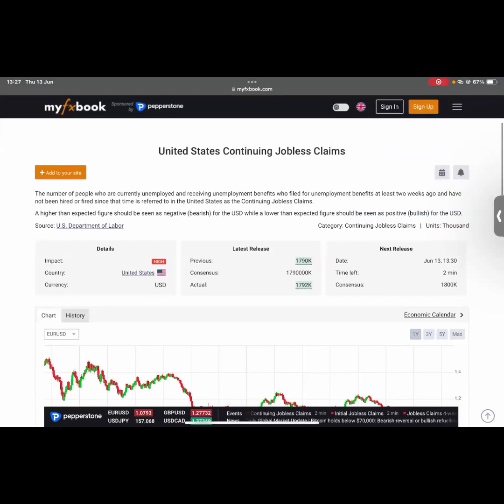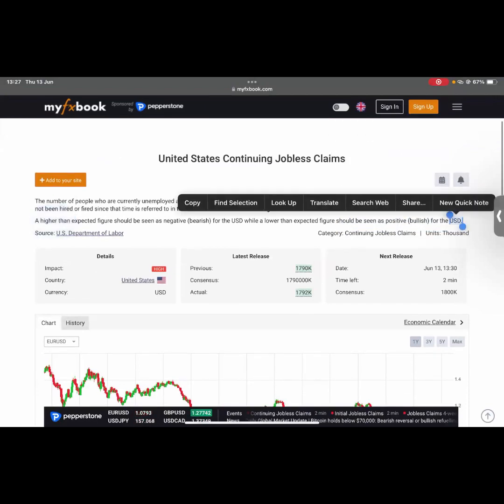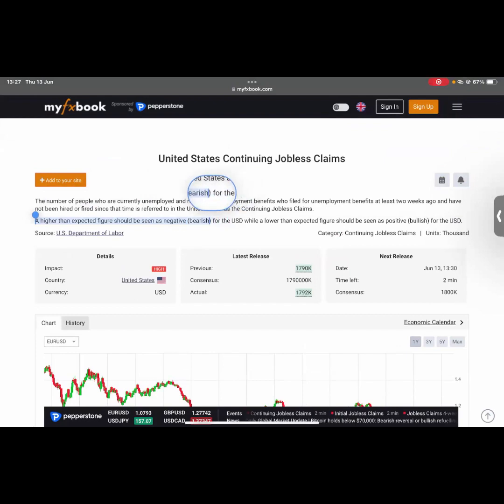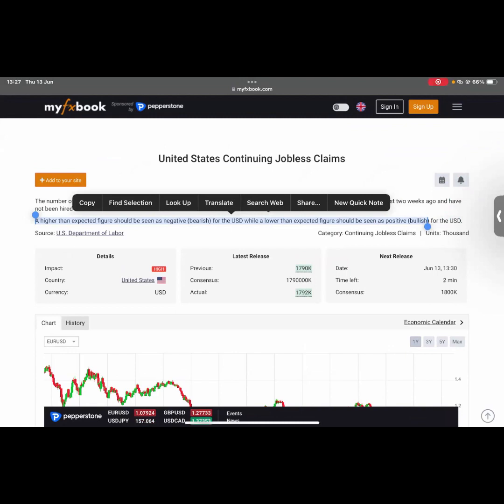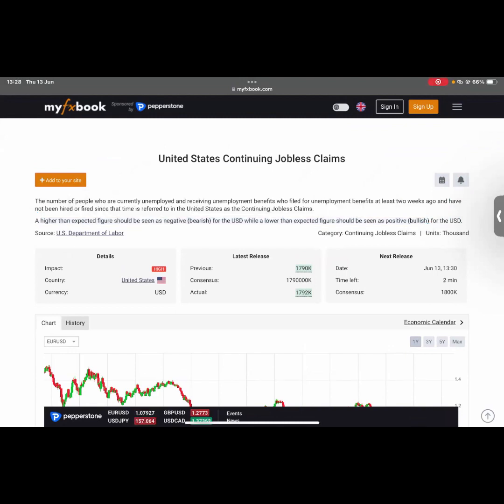A higher than expected figure should be seen as negative, bearish for the USD, while a lower than expected figure should be seen as positive, bullish for the USD. So which figure are they talking about?